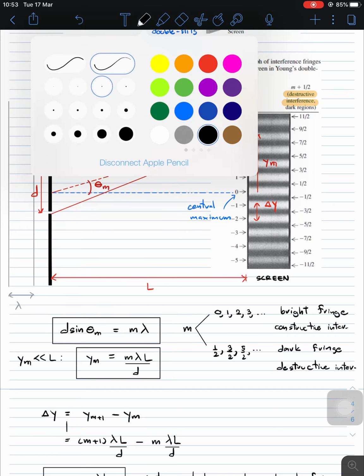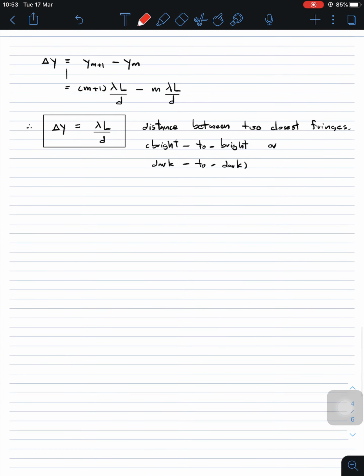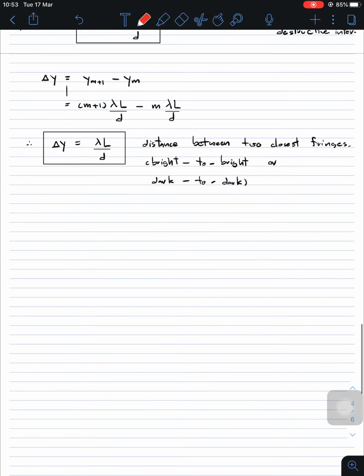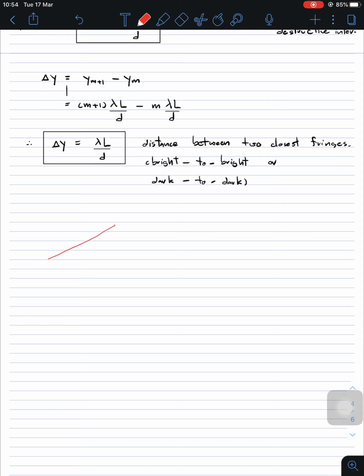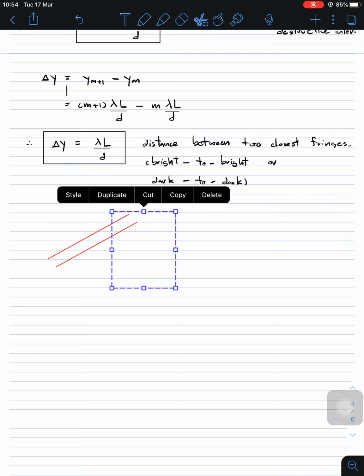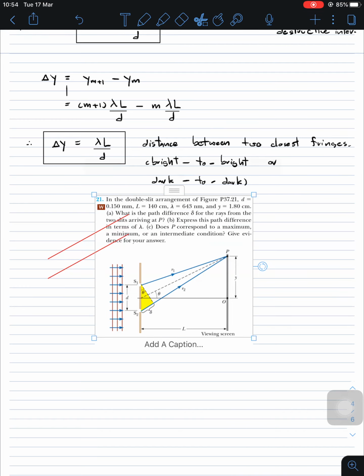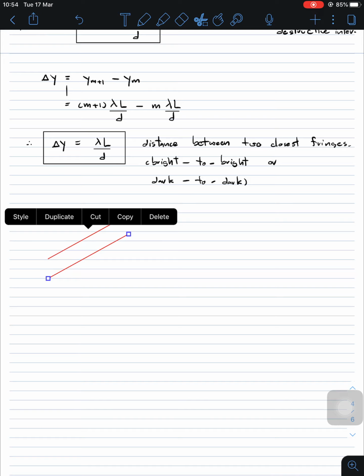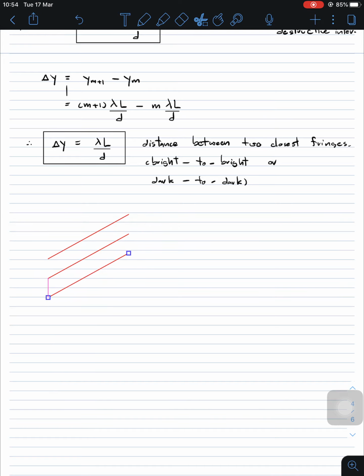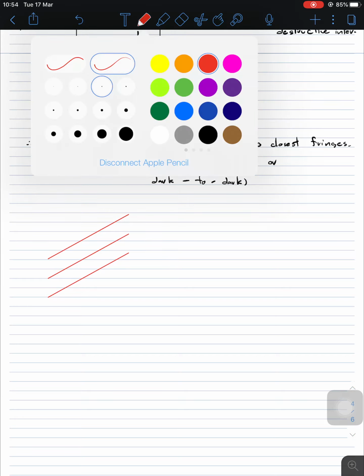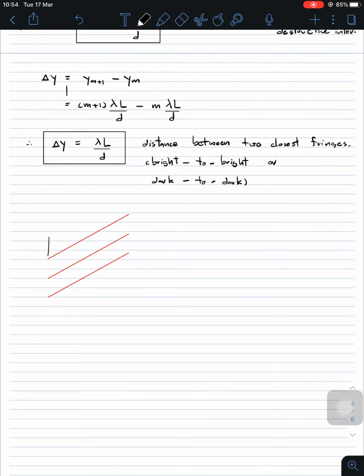Then I can draw something like 1, 2, and 3, and here we have our slit.